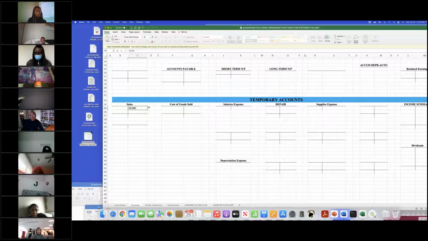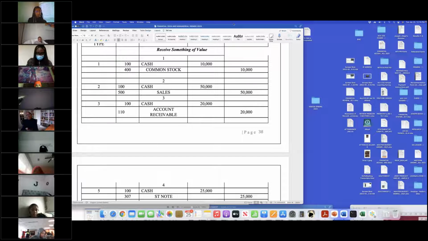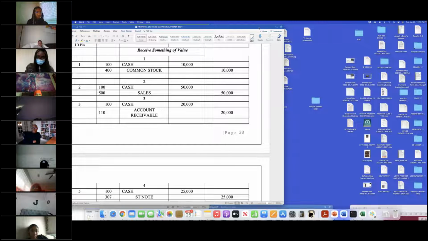Is that clear what we're doing? Does everyone understand posting to the ledger? For every one of those journal entries, we've got to go and post them as debits and credits.